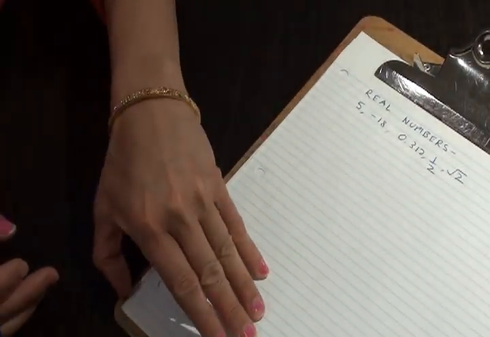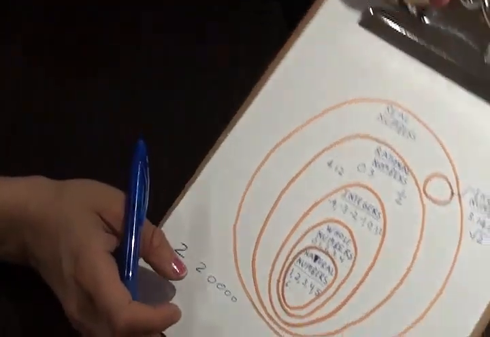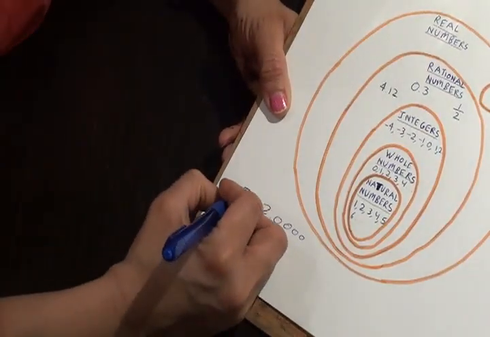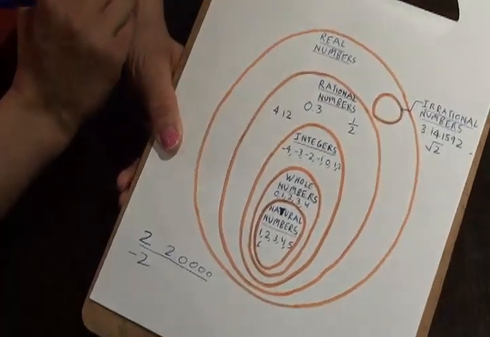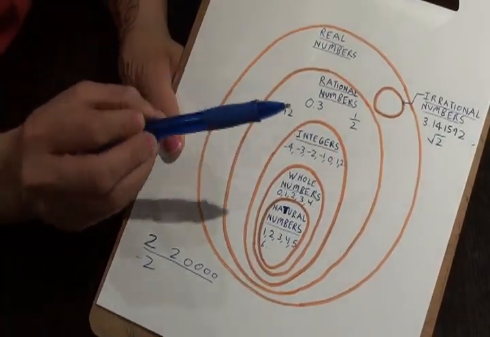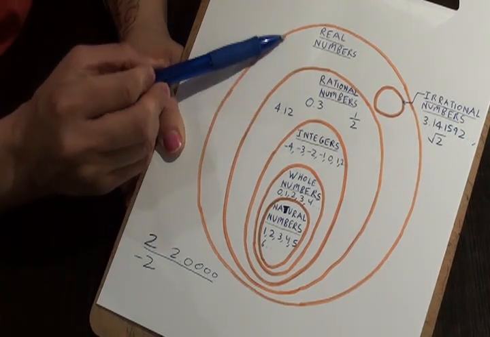I will also show you some examples of numbers and which categories they belong to. I have -2 here. This number is an integer, and also a rational number, and a real number.